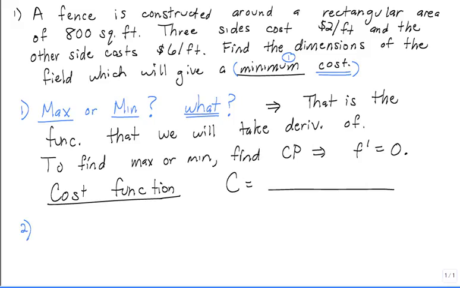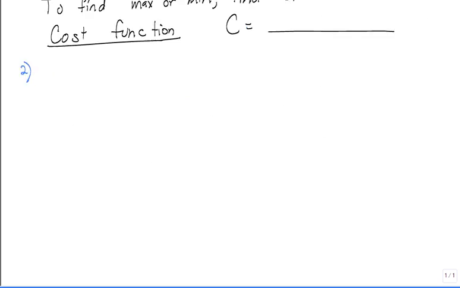Well, we have a rectangular field, so let's try to draw a picture as best as we can. We have a rectangular field, and we have the length. Let's say that's the width, because that's the short side. It really doesn't matter. The width and the length.